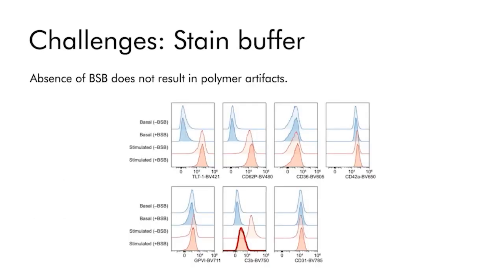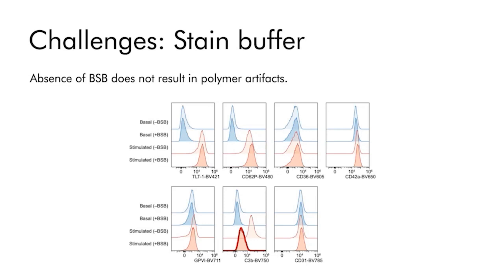So while Brilliant Stain Buffer wasn't compatible with certain markers in our panel, fortunately that was not a problem because there were no apparent staining artifacts among the polymers included in our panel.